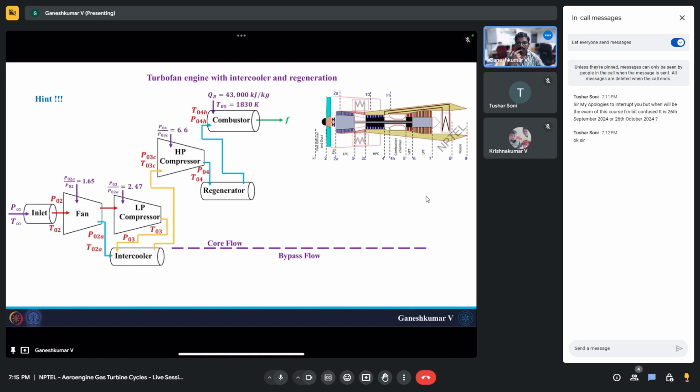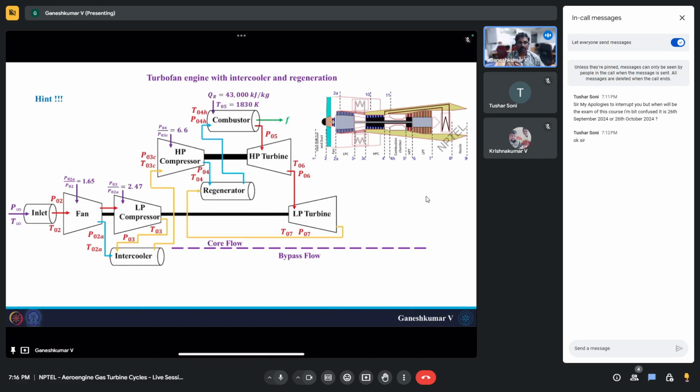Then it enters the combustor, where we add fuel and reach a very high temperature of 1830 Kelvin. Then you have the high pressure turbine, which runs the high pressure compressor, and whose gas stream comes out and enters the low pressure turbine, which runs both the low pressure compressor and the fan. That's the configuration here.